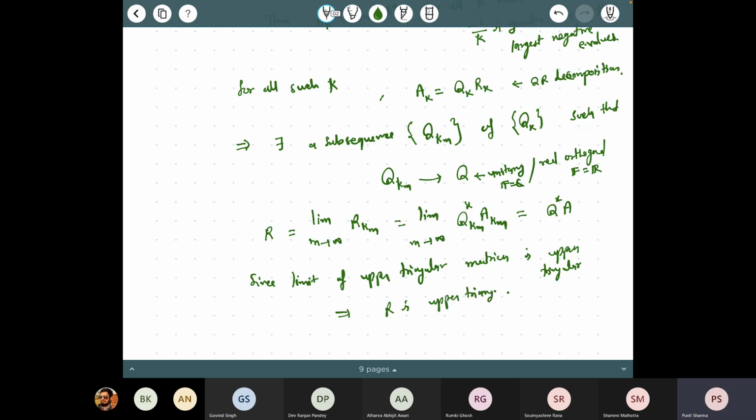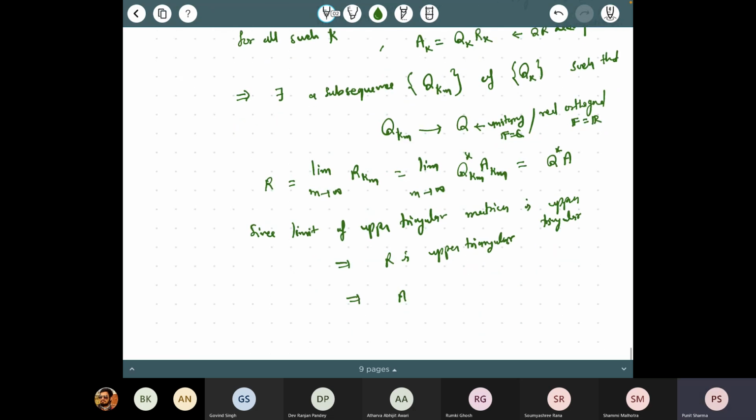So basically you have found R and Q such that A is equal to QR. So in any case, for a square matrix, we have found the QR factorization.